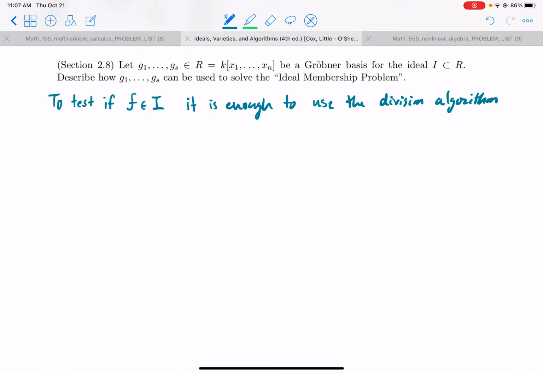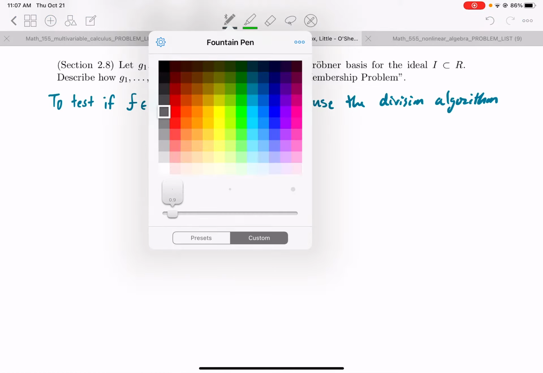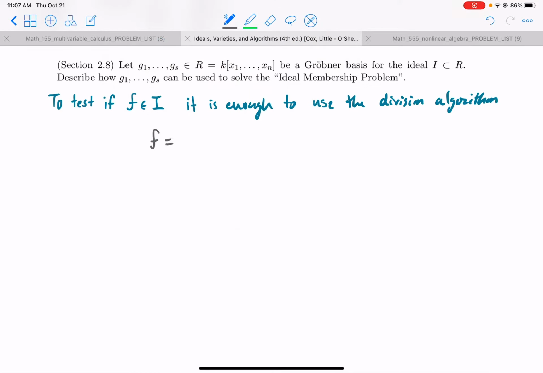The formula this produces is F equals some quotient times G1 plus etc., all the way to some quotient times GS. So I'm dividing by the G's, and then plus R, where R is a remainder.